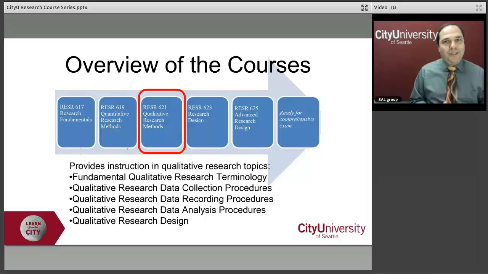Again, like the previous course, in this course we ask you to look at a qualitative method that might be most appropriate for the area of research you want to conduct.